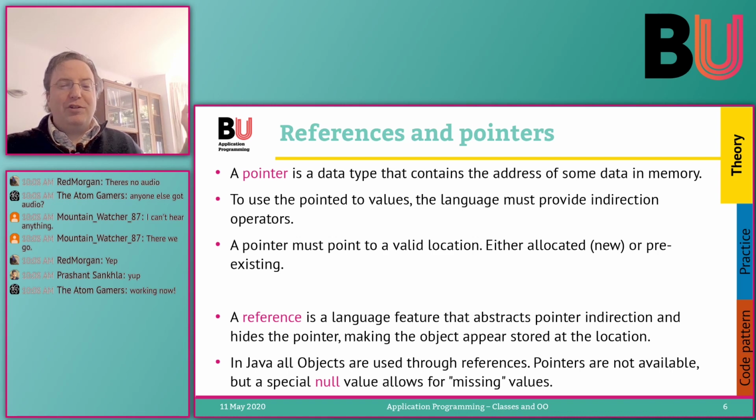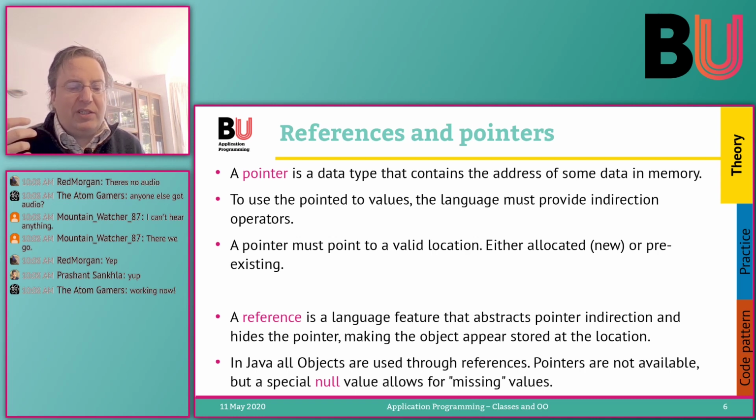That's all up to the JVM. You cannot get at the raw number, but it is a way of looking at a particular space in memory where that particular object has been defined. And you want to make sure that, of course, it points to a valid location.